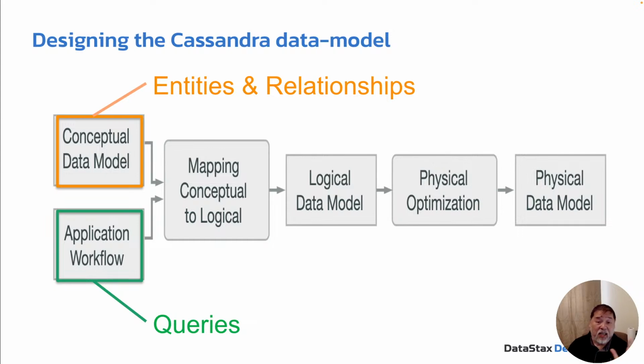Now, the good thing is we had a very good relational model. And if the data's in there in a relational database, you can come up with some query to retrieve it. May not be super optimal, but you can do it. In Cassandra, it's just the opposite.